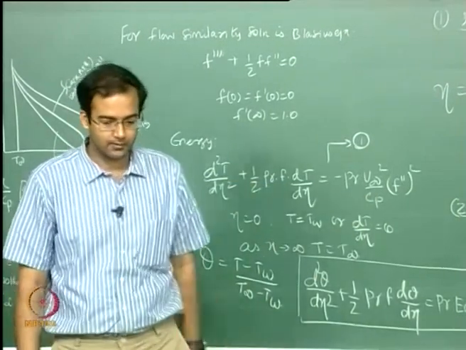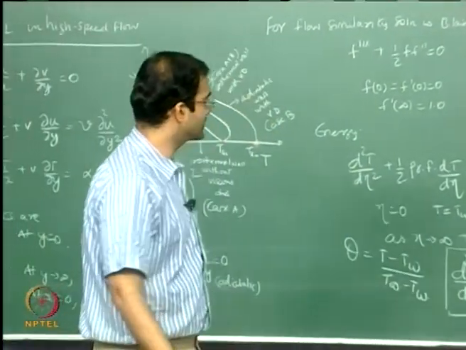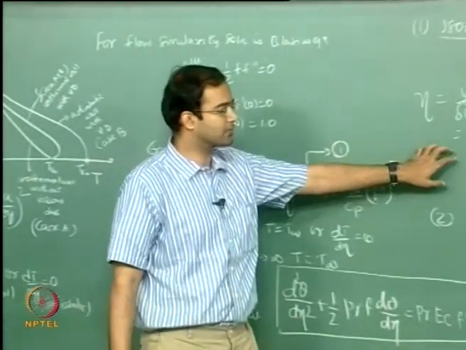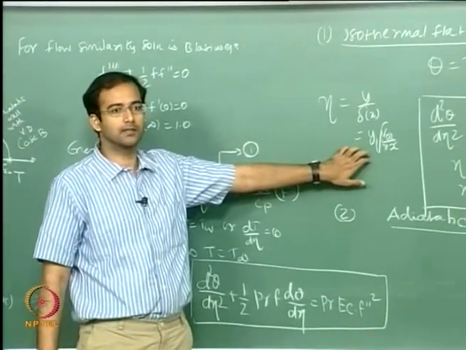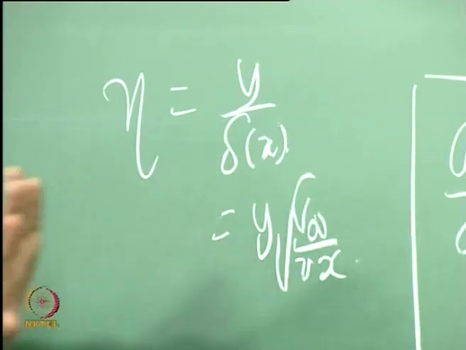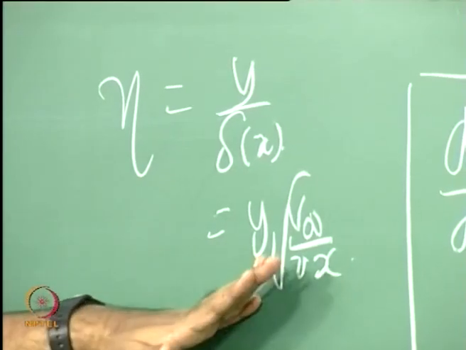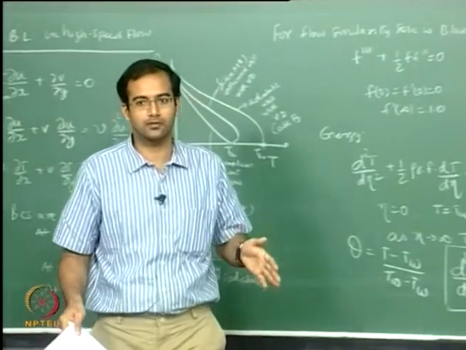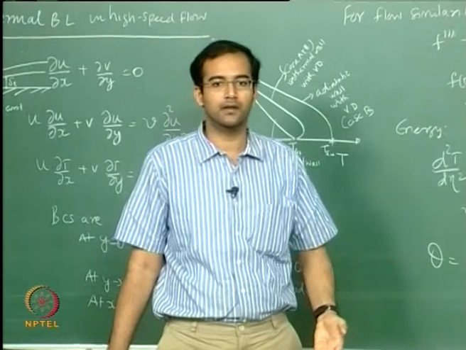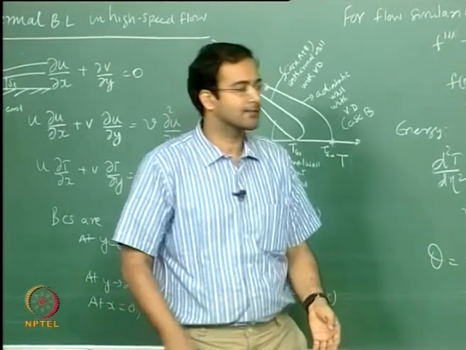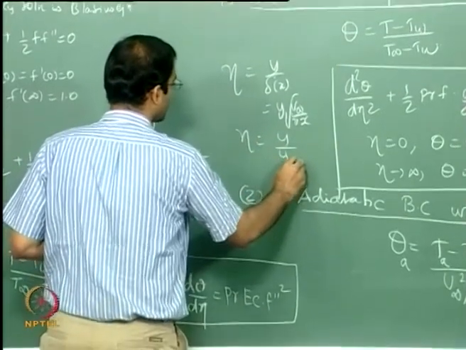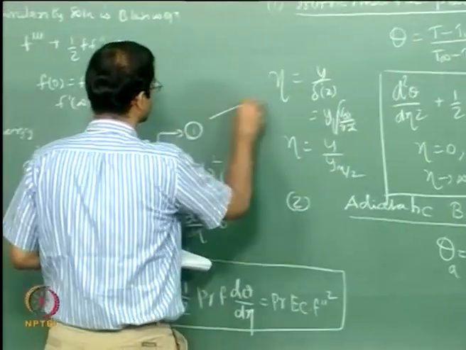Okay, so therefore the energy equation doesn't care much about the eta, so the same eta you use for the momentum is still retained here. This is your boundary layer similarity variable, that's it. Once again, if you go for different kinds of flows, like say free shear flows, there will be a different similarity variable. So there you will be defining something like y by ym by 2 in the case of jets.